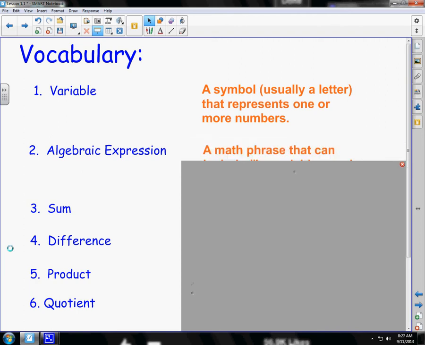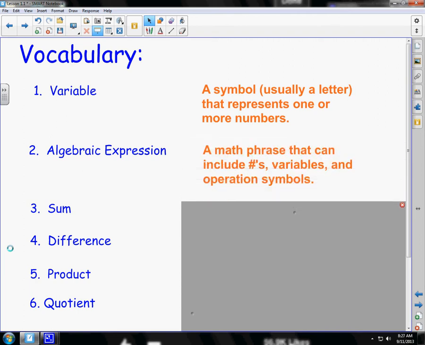Algebraic expression is a math phrase that can include numbers, variables, and operation symbols. The difference between an expression and an equation, remember, is that an equation has an equal sign. An expression does not have an equal sign. So 2x minus 10 is an expression.